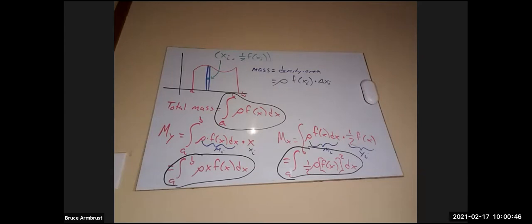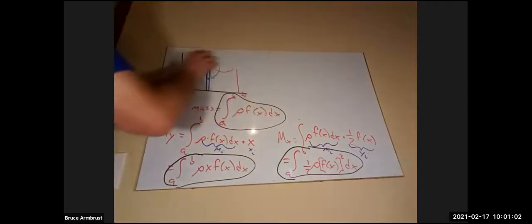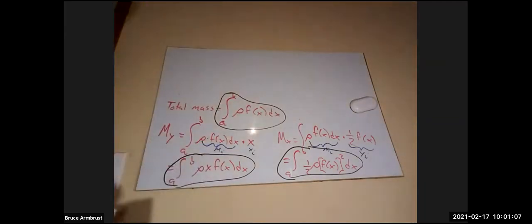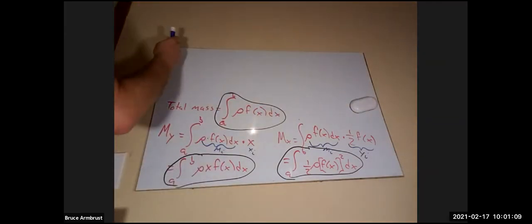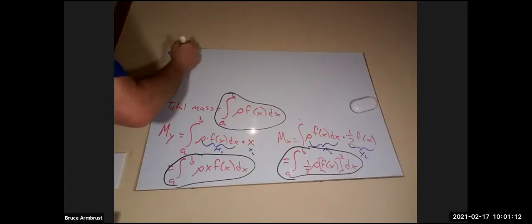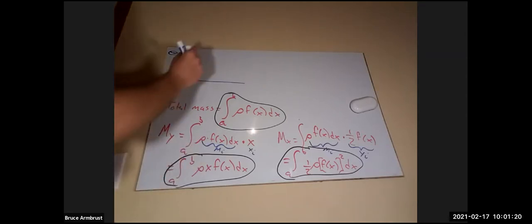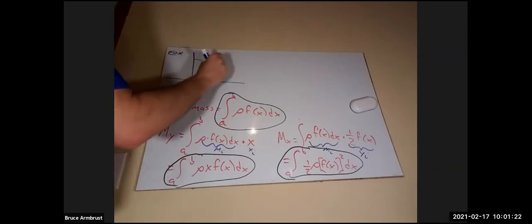So let me show you an example. Let's take a shape and find its center of mass, where that shape is not obvious where the center of mass is going to be. So here's your example. I think it's the only one we're going to be able to do today. Let's look at cosine, the chunk of cosine that's between 0 and pi over 2.